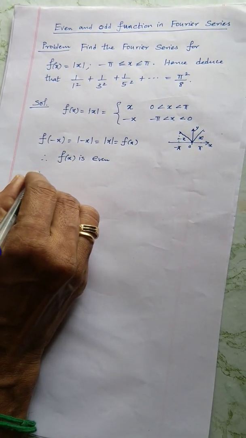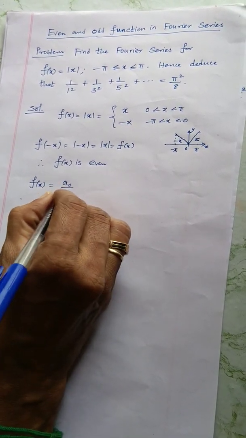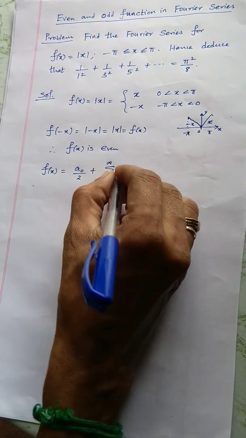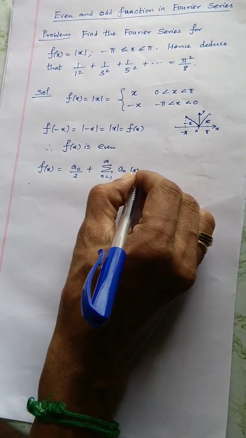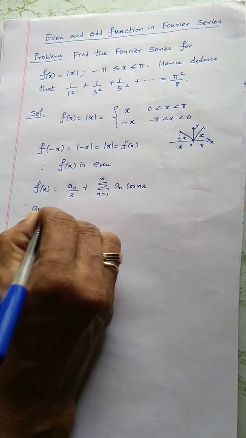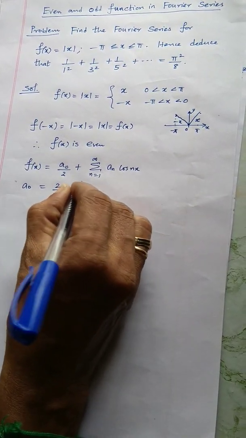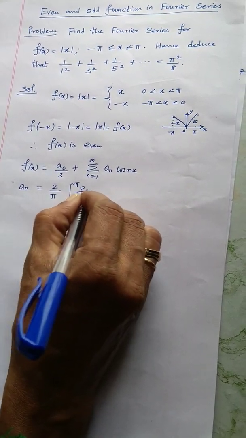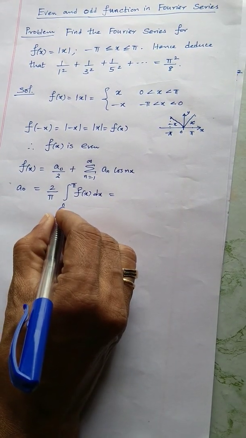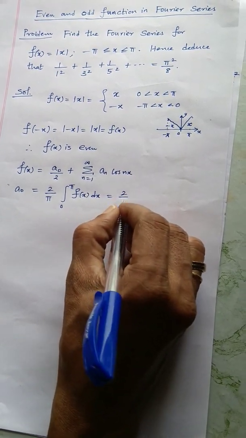If the function is even, you know the Fourier series is f of x equal to a0 by 2 plus sigma n equal to 1 to infinity an cos nx. So what is a0? a0 is 2 divided by pi, integral 0 to pi of f of x dx. Here the function is on the positive side, 0 to pi, as already in the formula.